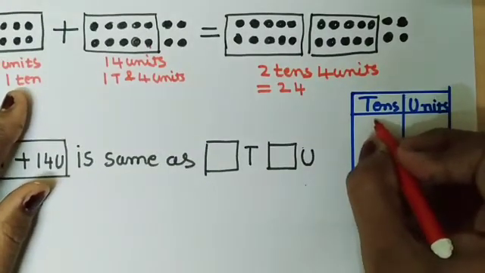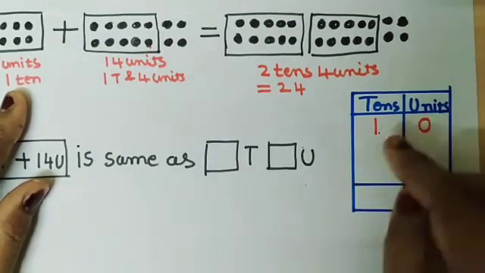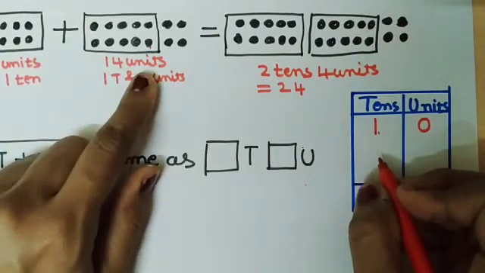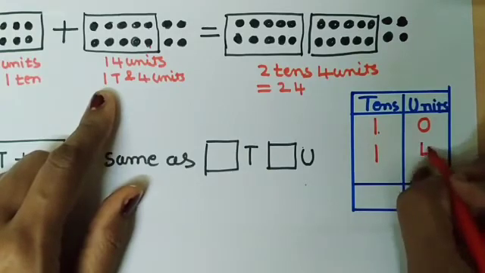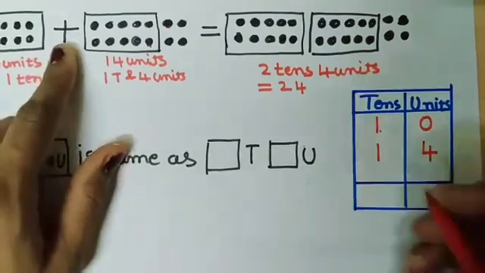So we can write here 1 in the tens column and 0 in the unit column. And we have 14 units more, or 1 ten and 4 units, like this. And you have to add it together.